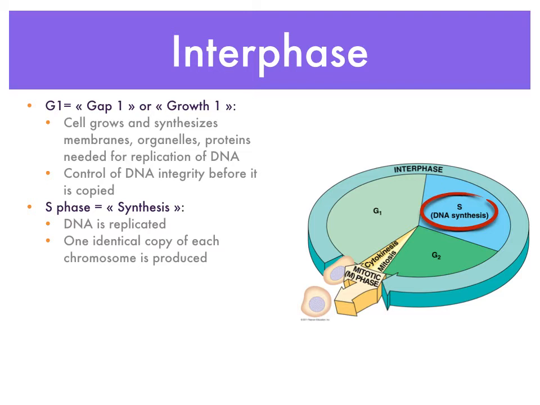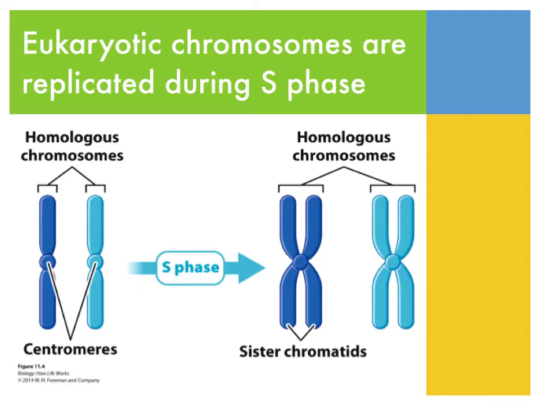So it is an exact copy that will be made, and one identical copy of each chromosome will be produced during the S phase. We will now have a closer look at the S phase and what happens to the genetic material at that time. We won't cover here the replication of the DNA at the molecular level. It will be covered in a different video, but let's look at the chromosomes and what happens with them.